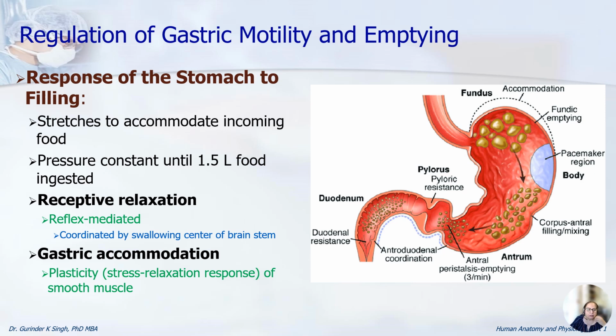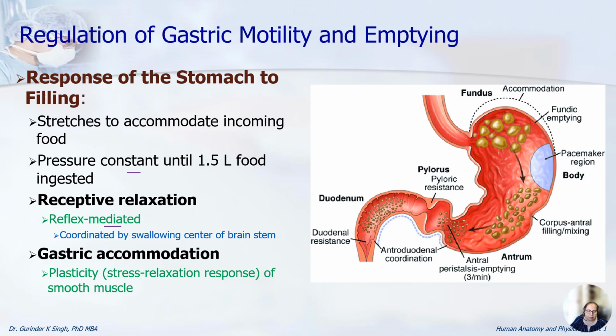Typically the pressure inside the stomach doesn't change. It is kept constant until 1.5 liters of food has entered the stomach. This is maintained by receptive relaxation, which is reflex mediated, and it is controlled by the nerves present in our brain stem.